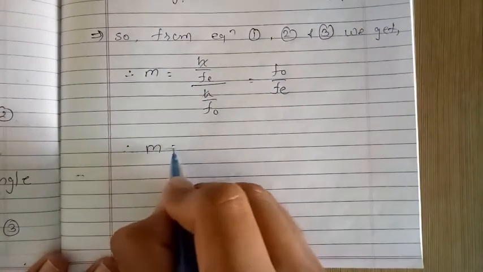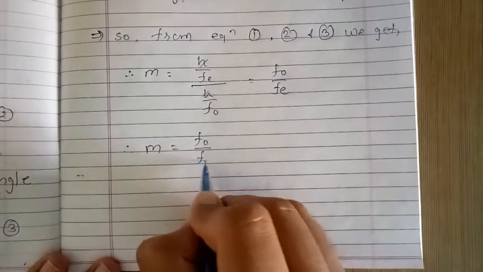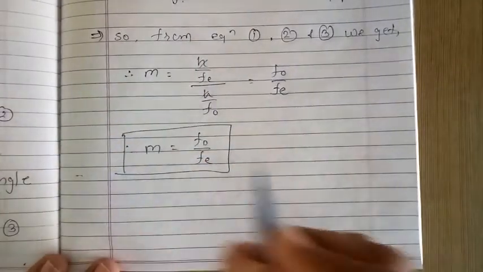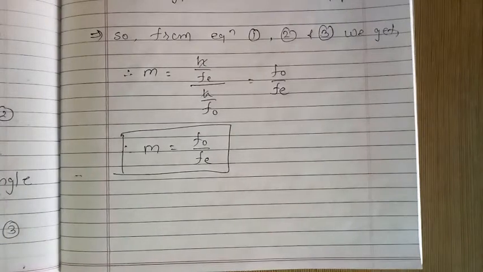So M is equal to FO upon FE. For the telescope we have to remember the formula of magnification, M is equal to FO upon FE.